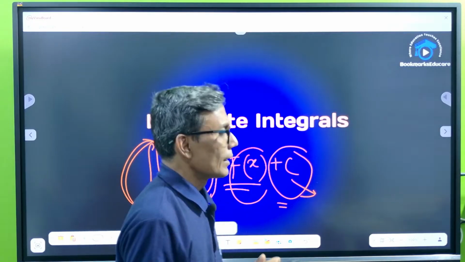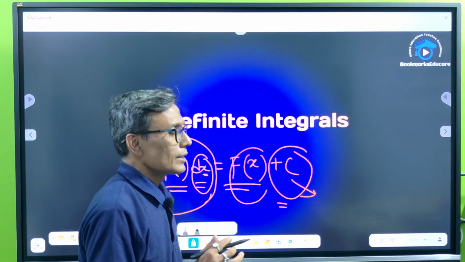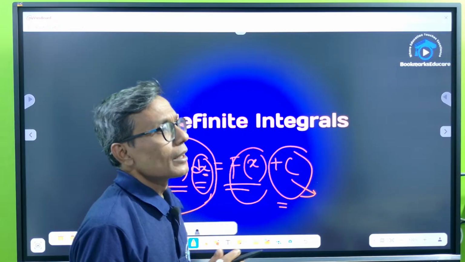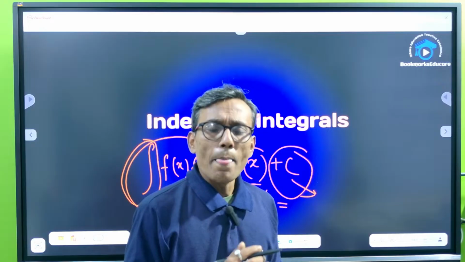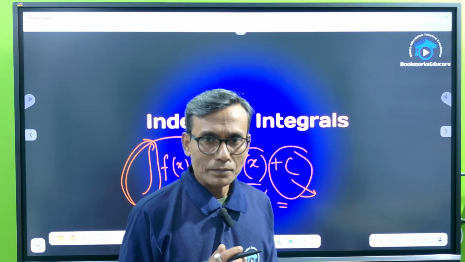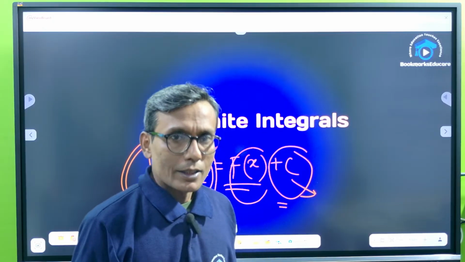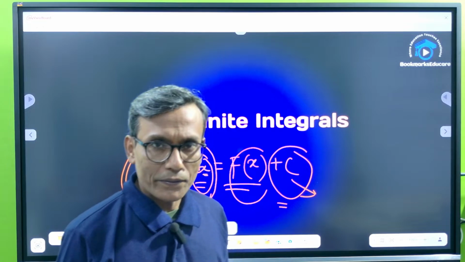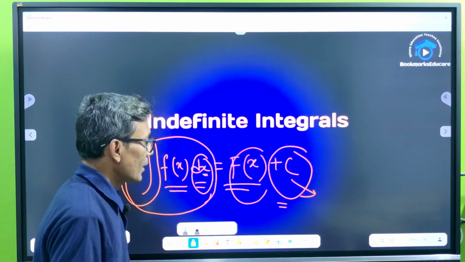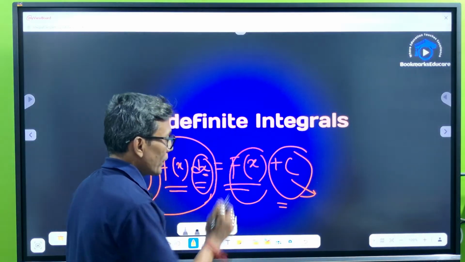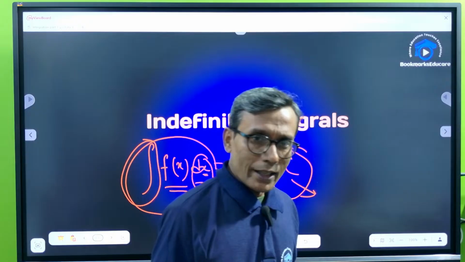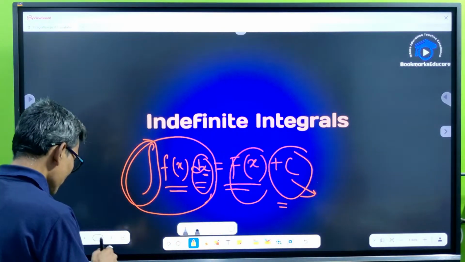I'm telling again, there is a chance of getting infinitely many possible functions that have the same derivative. So that is why C is added to the antiderivative F of x.